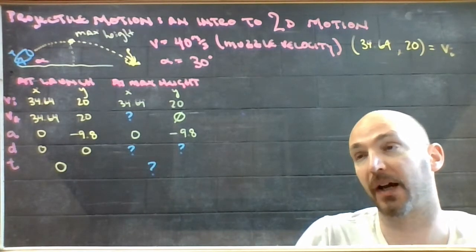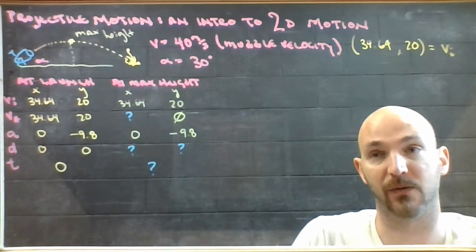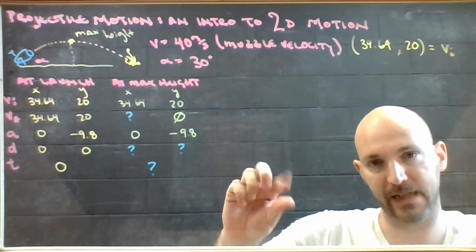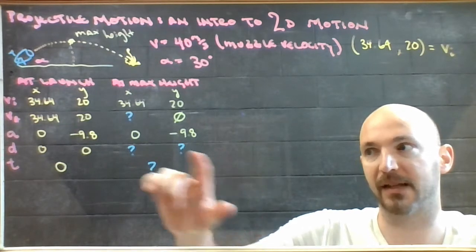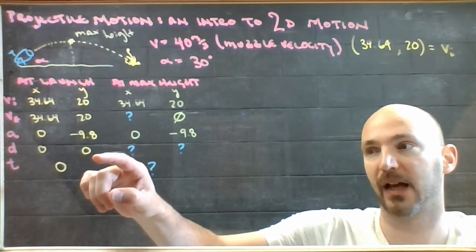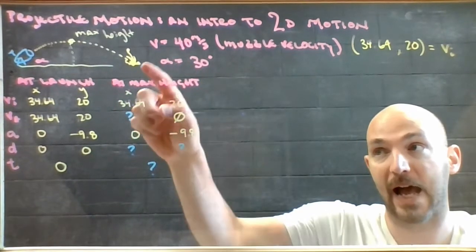The third place where I have some information is this actual target, where the cannonball hits the ground. And if you think about that, when it's reached the ground, it has a height of 0. That means its distance in the vertical direction has reached 0. So I'm going to make another column, a third set, at the target.